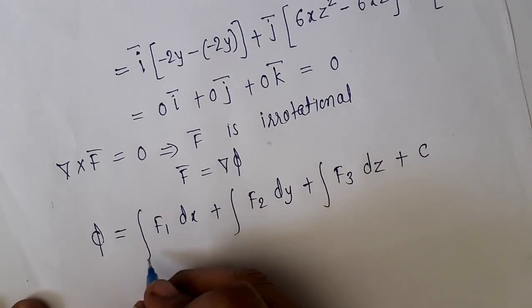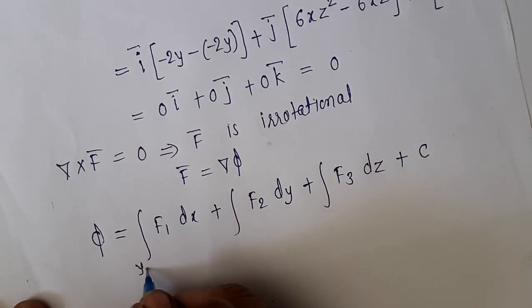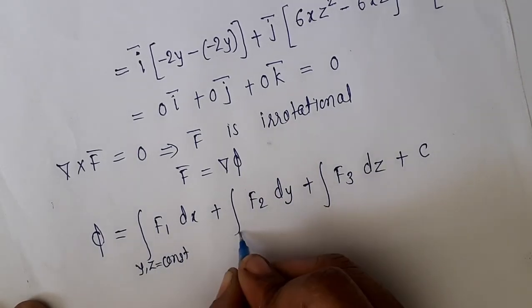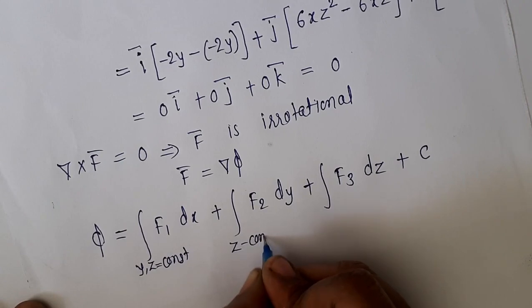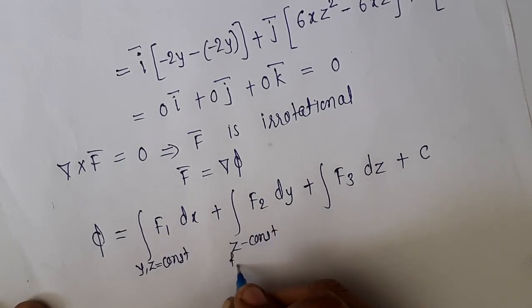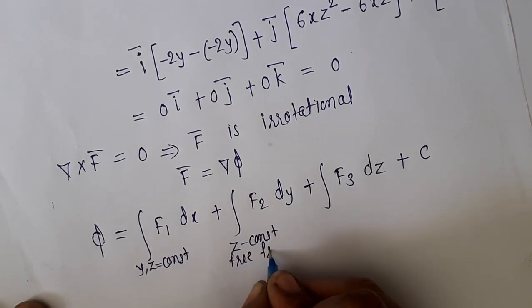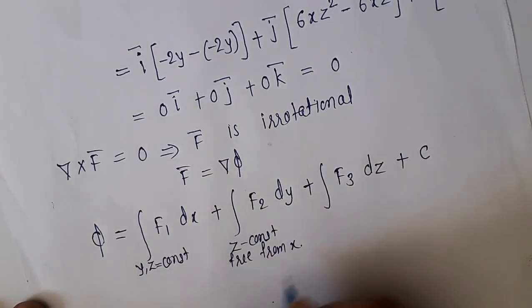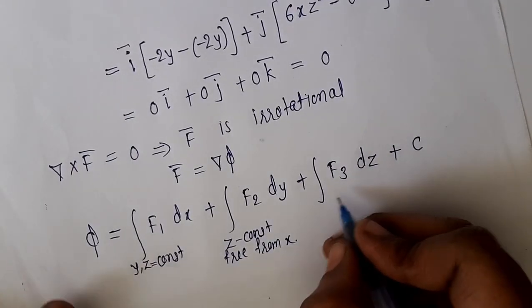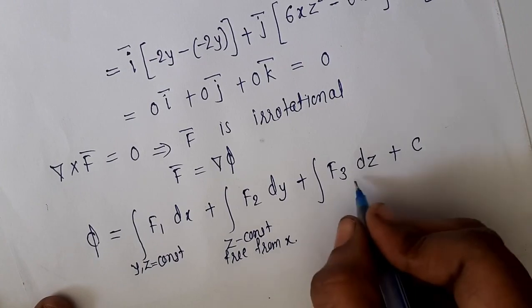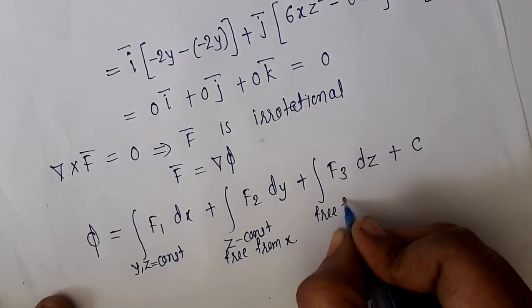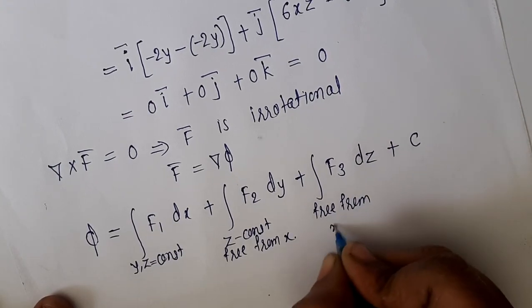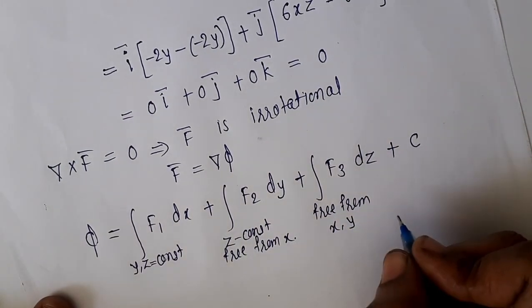In the integration of f1 dx, y and z become constant. But while integrating f2 dy, only z becomes constant, and the term must be free from x. Remember this, it must be free from x. Then for the integration of f3 dz, the term must be free from x and y.